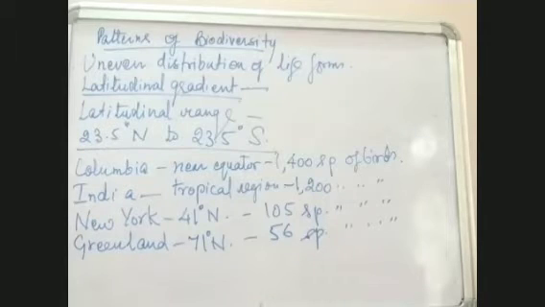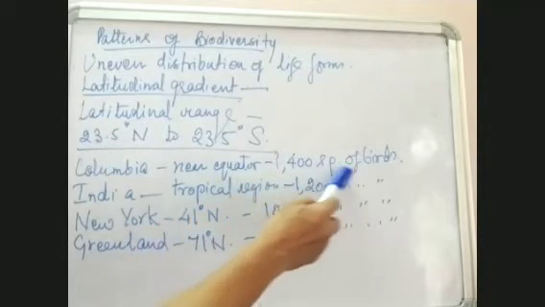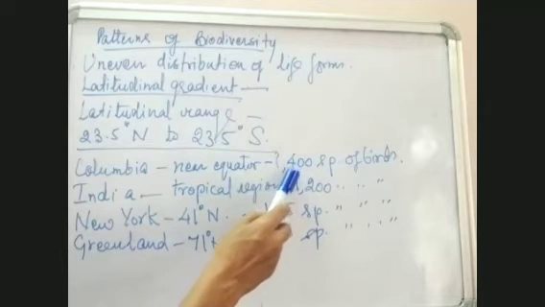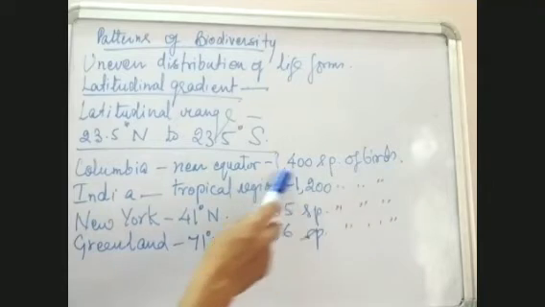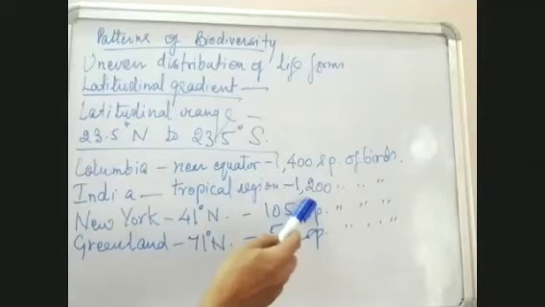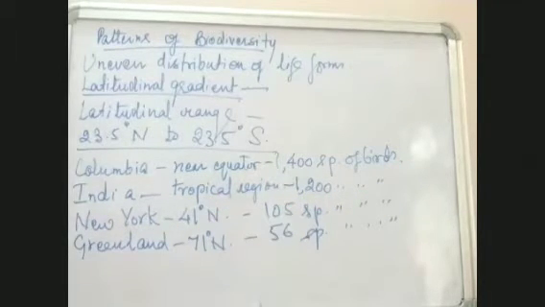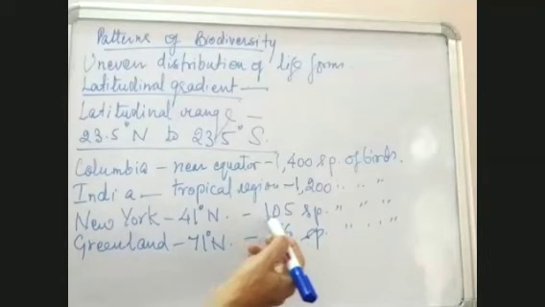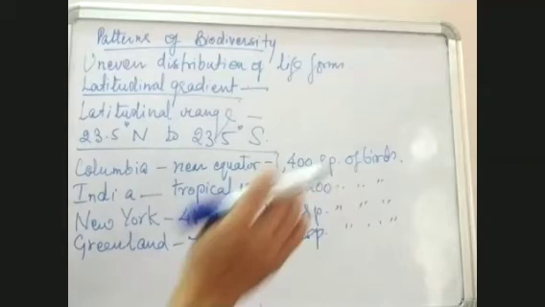So Colombia, which is located nearer to the equator than India, has 1,400 species. You can see the places which are located near the equator are very rich in their diversity. India also has 1,200 species of birds. But as you start moving away from the equator, the species richness decreases.